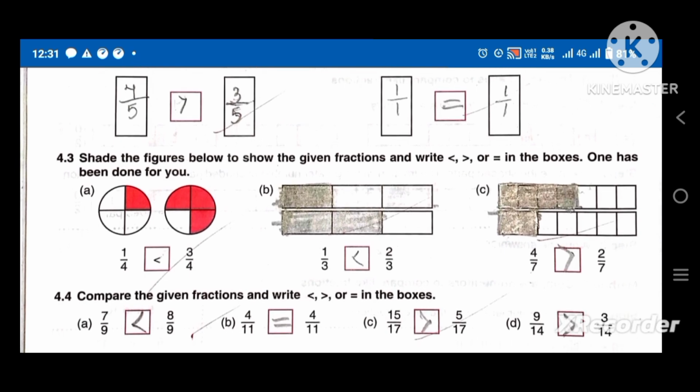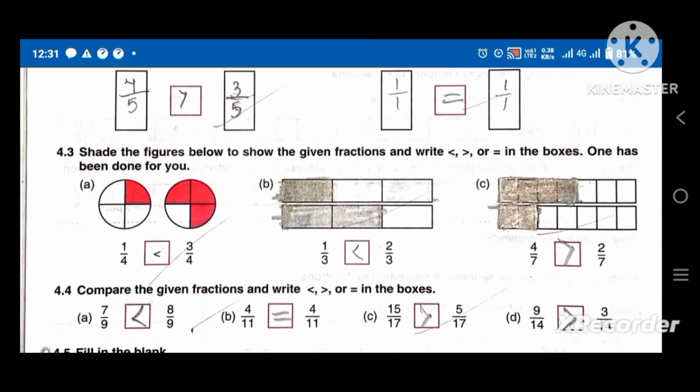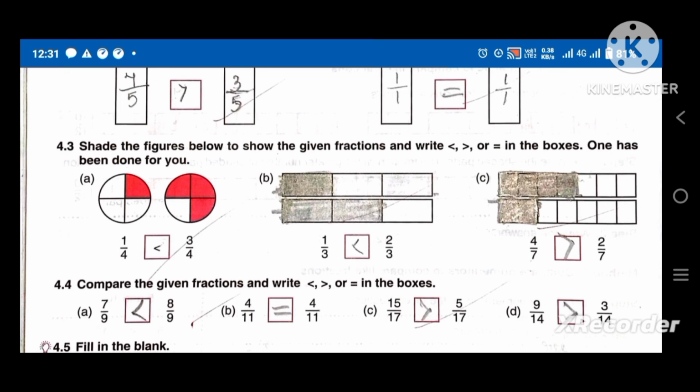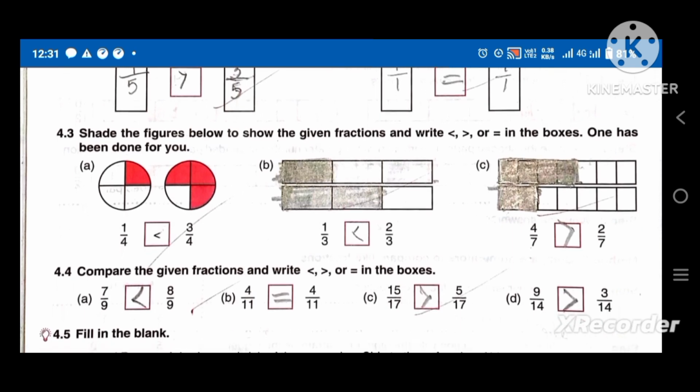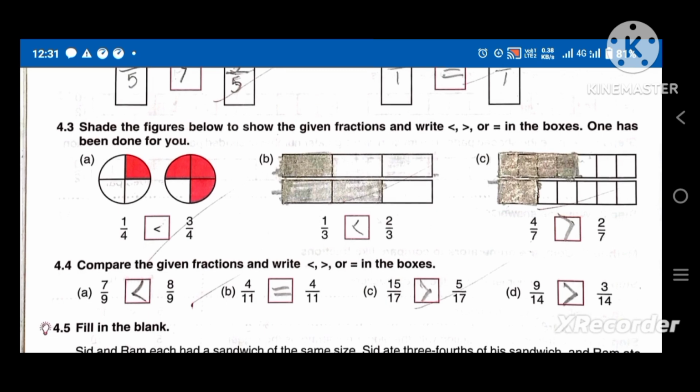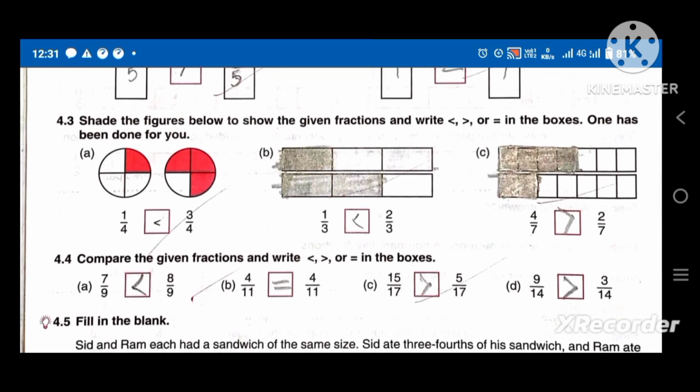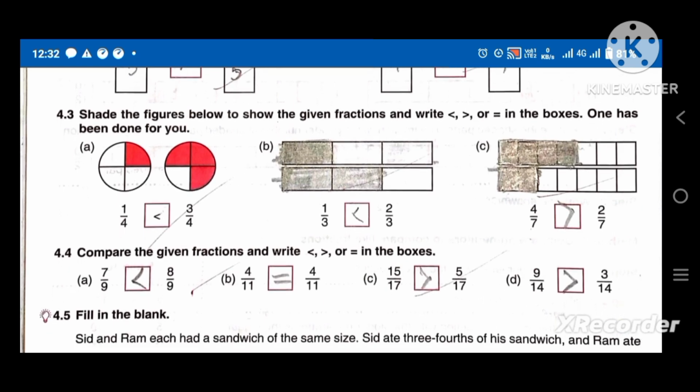4.3 Shade the figures below to show the given fractions and write less than, greater than or equal in the boxes. One has been done for you. A. 1 by 4 is less than 3 by 4.